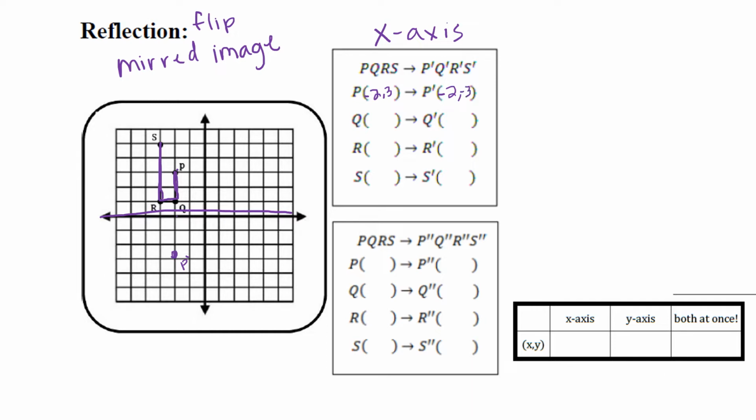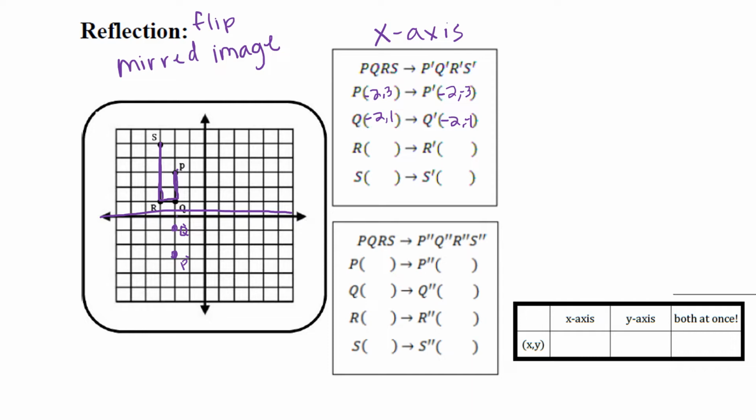So let's jump to the point Q. Q is the point -2, 1. Okay, if I take Q and I flip it right over the axis, since it's one above the x-axis, I need to go one below the x-axis and label that Q prime. So when I take those coordinate points, I get a -2, -1.